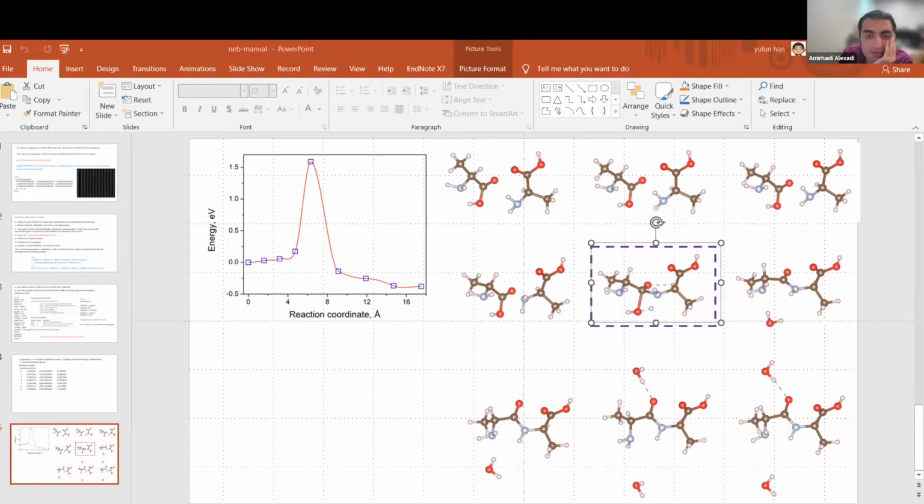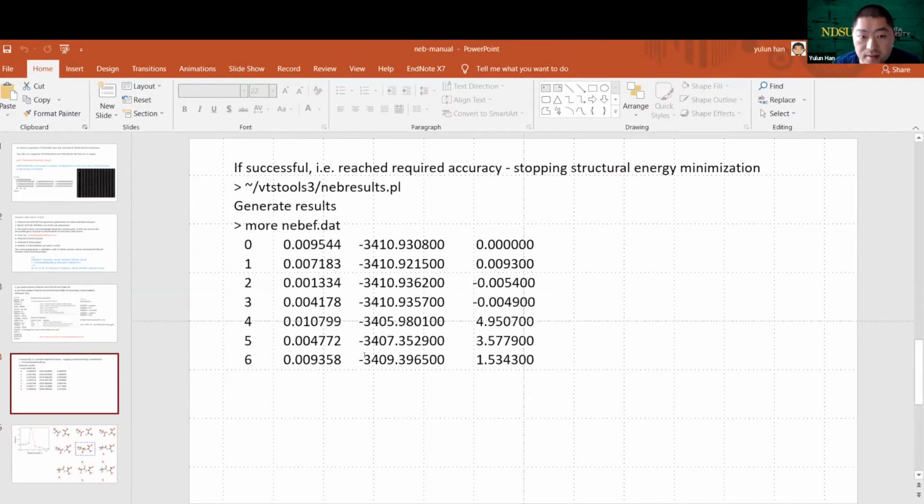I have 2 questions. Yeah, go ahead. First, this x-axis reaction coordinate, you calculated later on in MATLAB or somewhere else, correct? Yes, you can do it, but I guess in the VTST code I shared before, there is a standard script to process this kind of data.